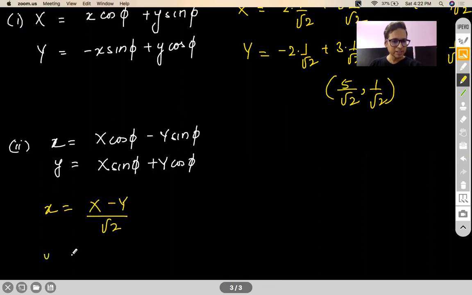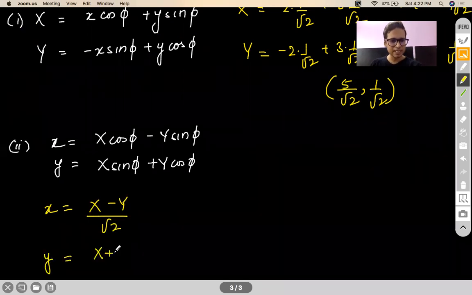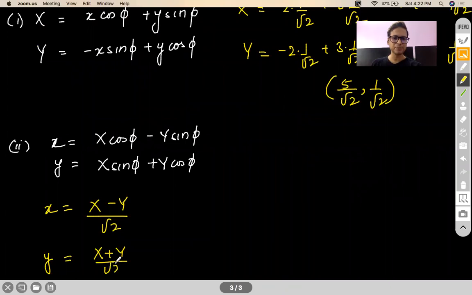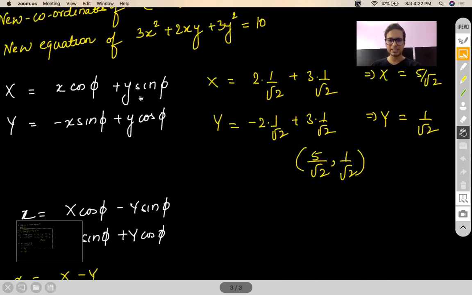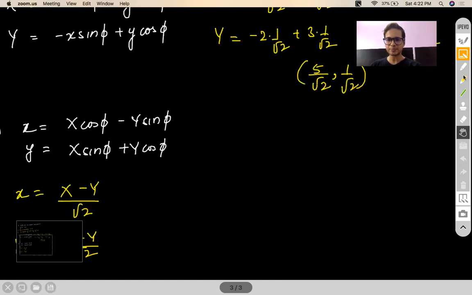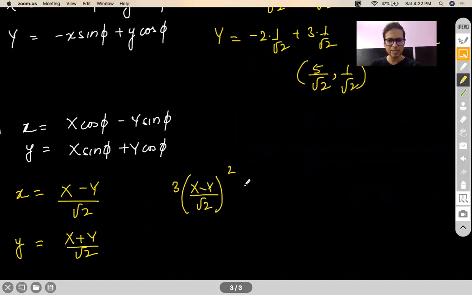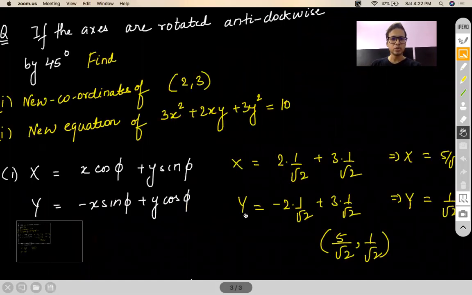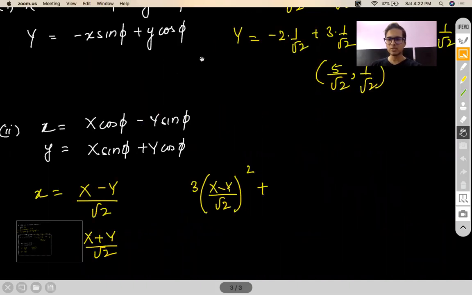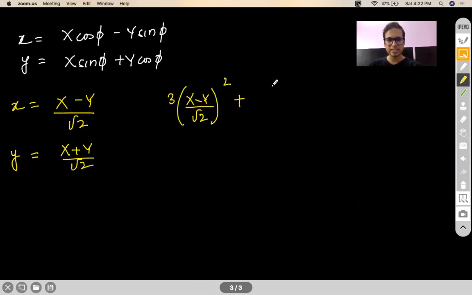And you can replace your small y by capital X plus capital Y by root 2. Okay. So in this equation, you need to make these two replacements. So 3x square, instead of x square, you will write this. Plus 2xy. 2xy, you would write this.